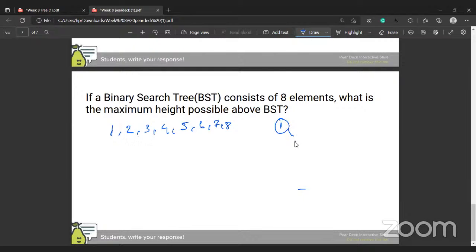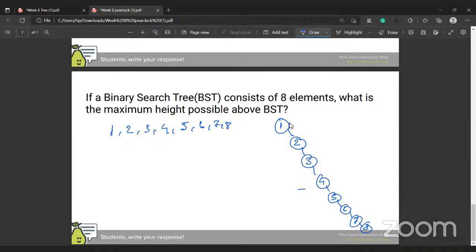So 2 is greater than 1, then 3 is greater than 1 and greater than 2, then 4 is greater than 1, 2, and 3, then 5 is greater than 1, 2, 3, 4. Then 6, 7, and 8, right?